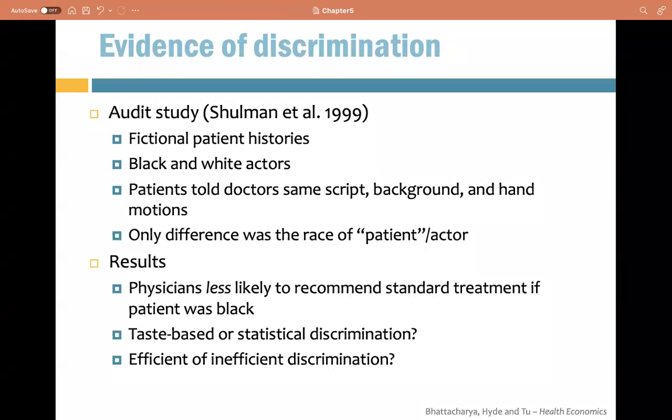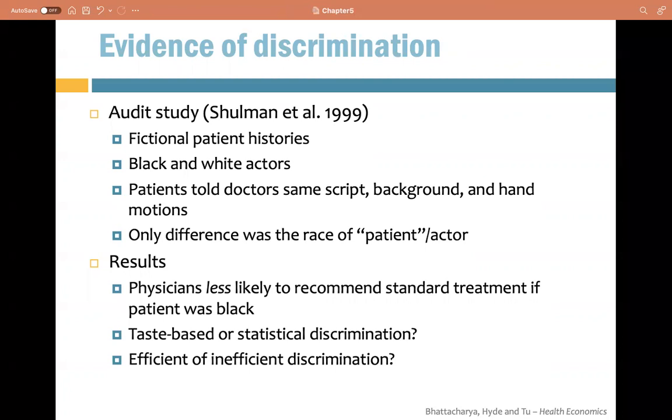In 1999, there was an audit study that focused on fictional patient histories. We have Black and white actors. The patients will tell doctors the same script, background, and emotions, and the only difference is their skin color, or the race of the actors.